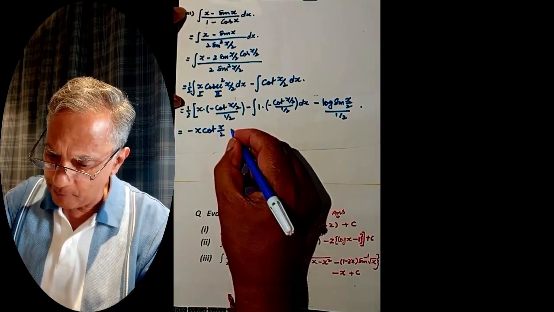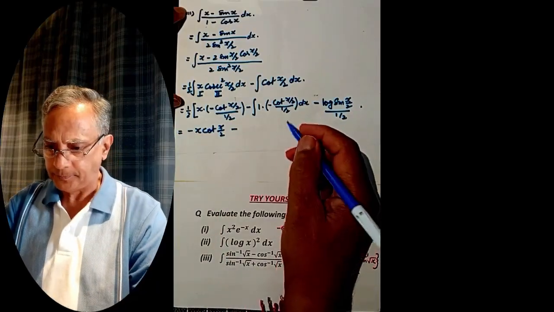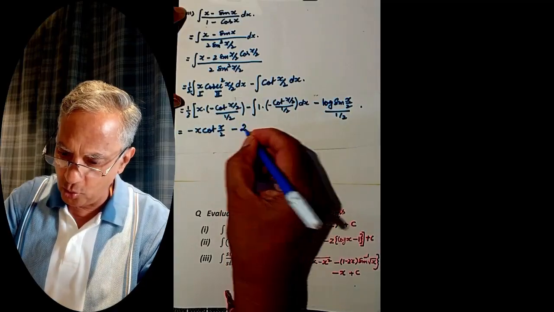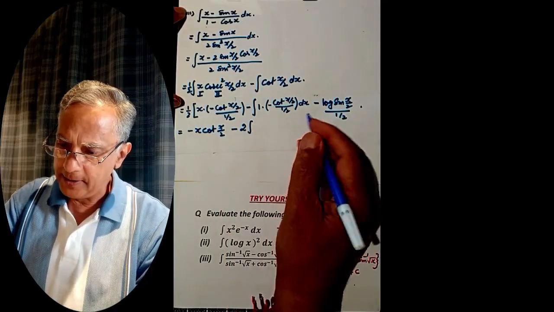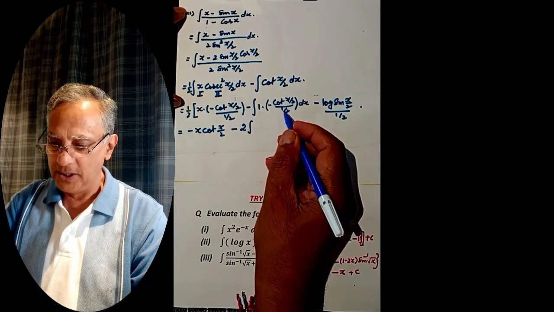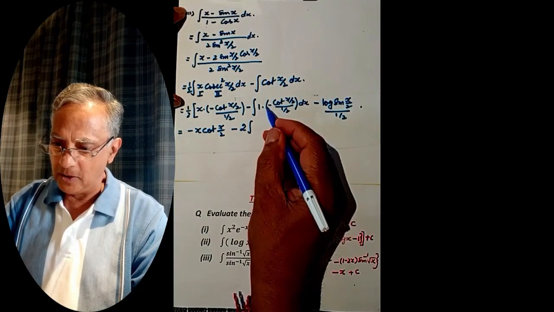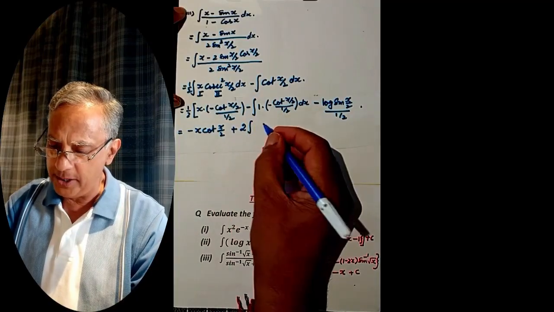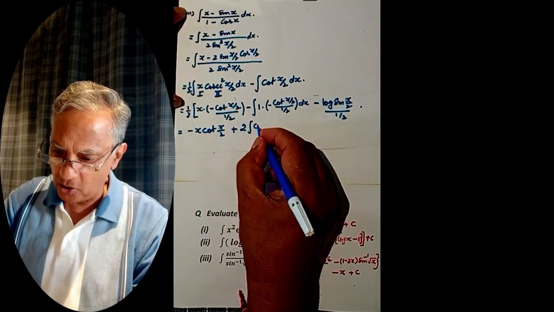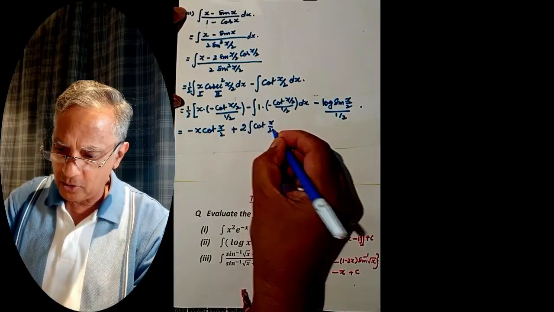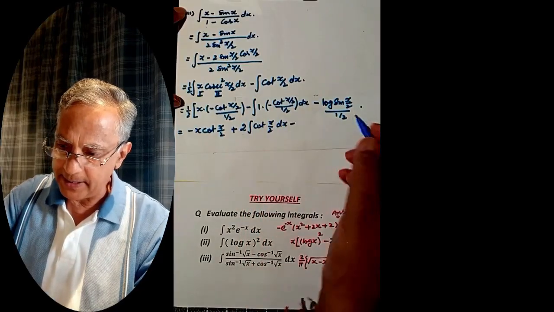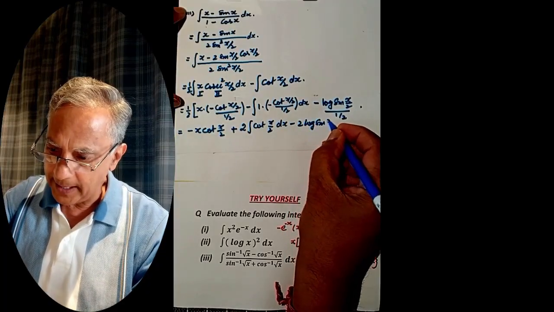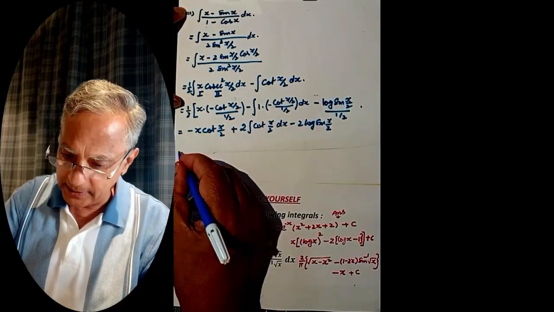Now this is minus 2 into integral of this, so this is equal to, now minus minus is plus, and this half will go, 2 into cotangent of x by 2 dx minus 2 log sin x by 2.